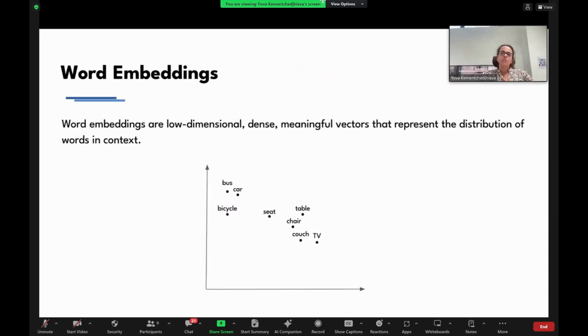The product of this operation is that we have these word embeddings, which are low dimensional, dense, and meaningful, and represent the distribution of words in context. If we imagine a very simplified case where we only train word embeddings with dimensionality 2, which means that we can plot them in a two-dimensional space, we might hope to obtain word embeddings that look something like this, where the words for bus and car are very close to each other because of how highly related these two concepts are semantically.